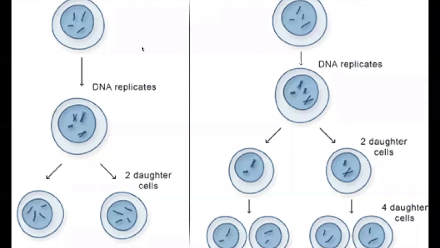So in meiosis, we're going to look at the right-hand side of this picture, and what happens at first is that we are going to have interphase occur first. And in interphase, we have DNA replication and growth and development. This is where that occurs.